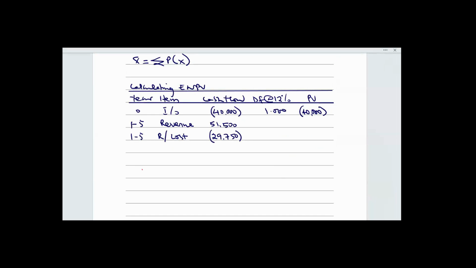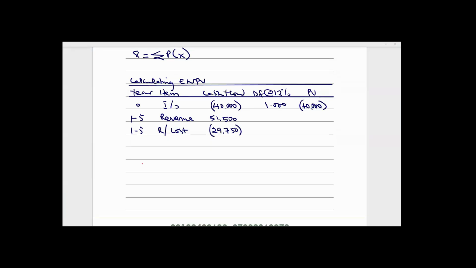So this will be 1.12 raised to power 5, minus 1, divided by 0.12, which equals 3.605. The annuity factor is 3.605.